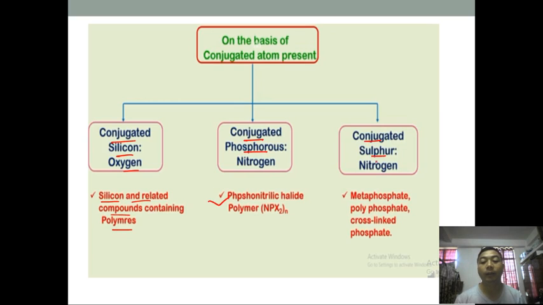Conjugated sulfur, here also nitrogen is present, beta phosphate, polyphosphate, cross-linked phosphate. So these are some types of how inorganic polymers are classified. These four are the main important types of classification of inorganic polymers in inorganic chemistry.